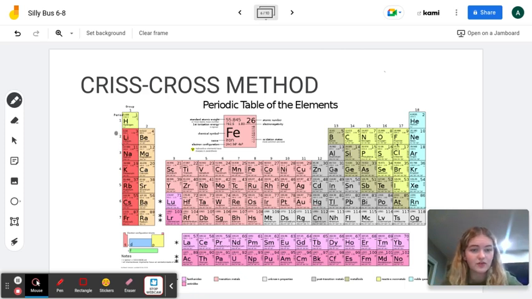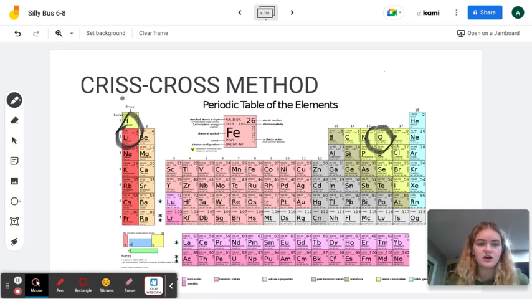So over here we have lithium. And then let's take oxygen, it's my favorite element, and do a little crisscross. So we're trying to make lithium oxide. Lithium is over here, it's in group 1A. So that means it has one valence electron.